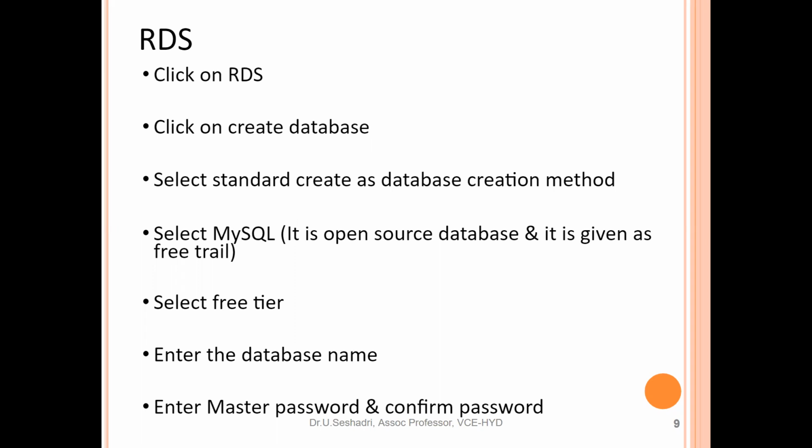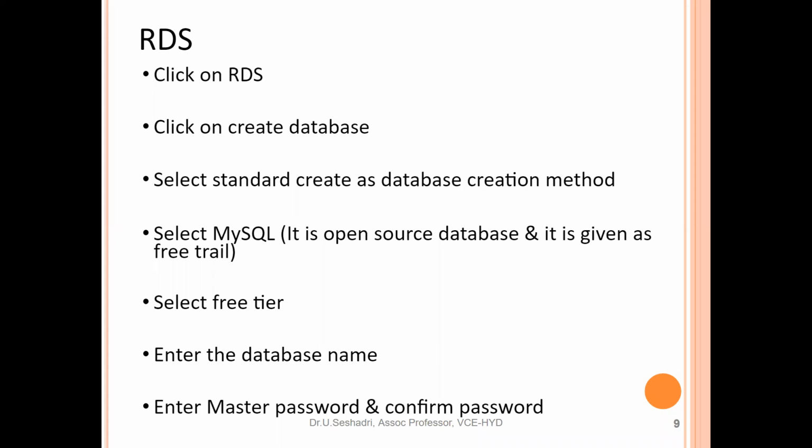We have to choose MySQL. Why we are choosing MySQL is that it's an open source database and it is given as a free trial. We have to select the free tier eligible one, not the production, dev or test option. If you choose production or dev, you will get a bill from AWS.